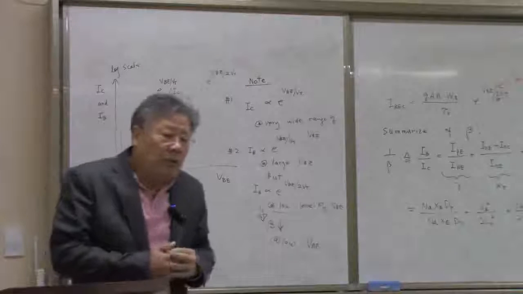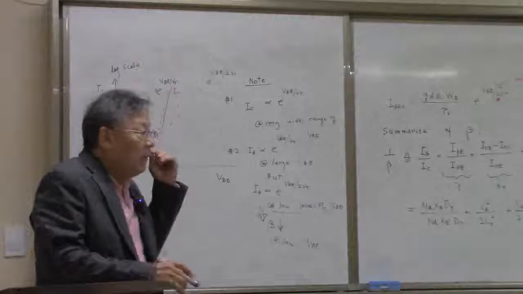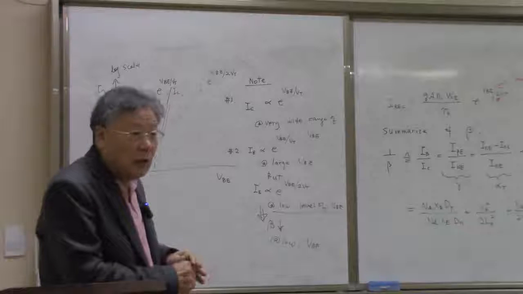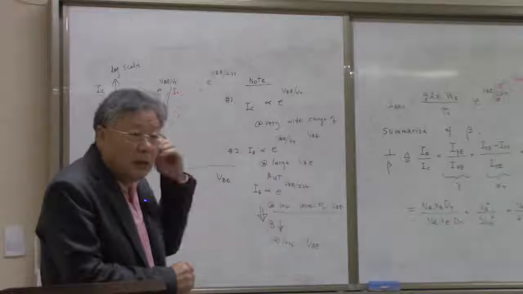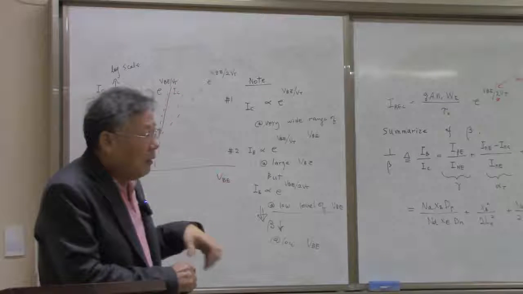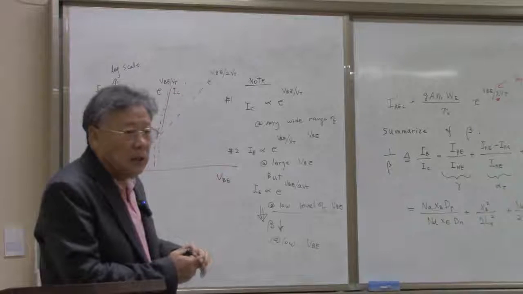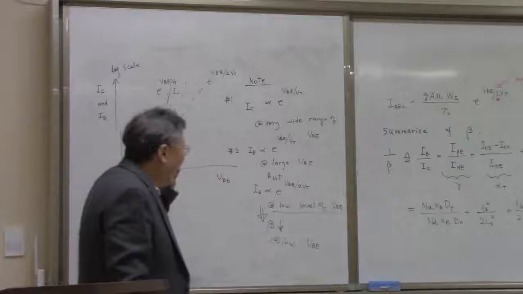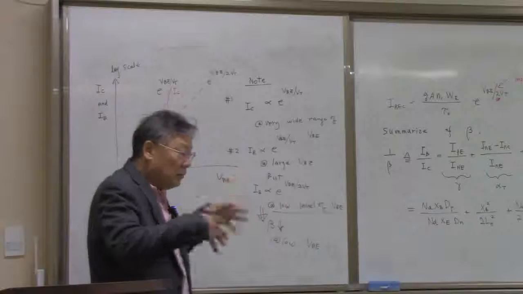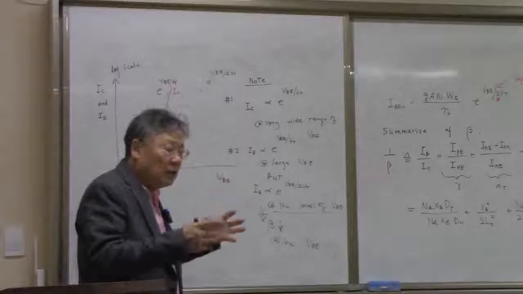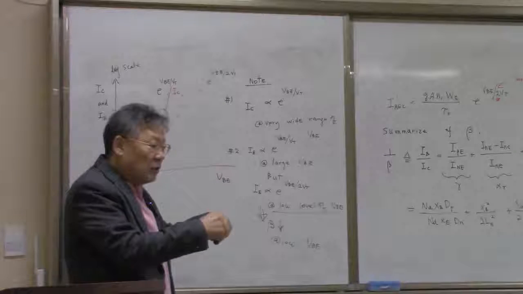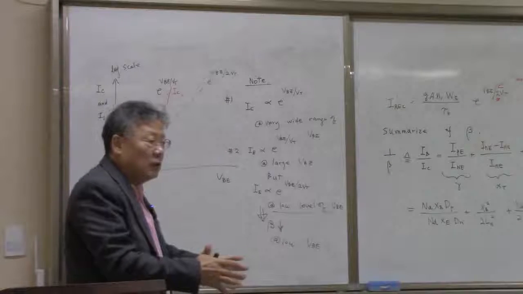So, for example, if you have a hearing aid, which when you get old you need one of them, that hearing aid has to follow very small signals, so it has to be very careful that the gain is not dominated by the recombination current in the space charge regions.